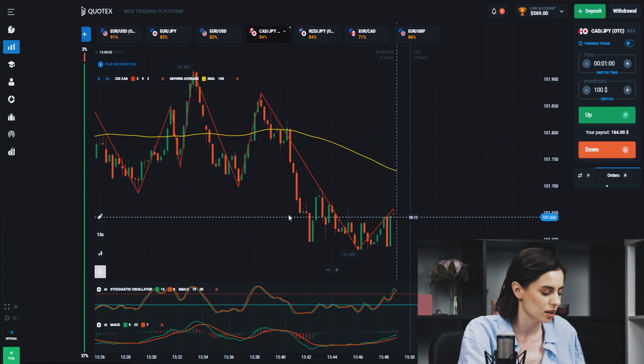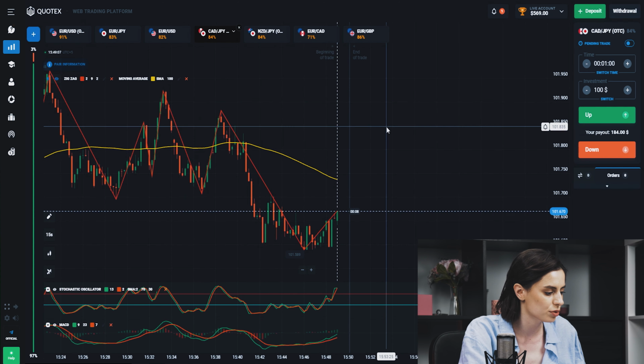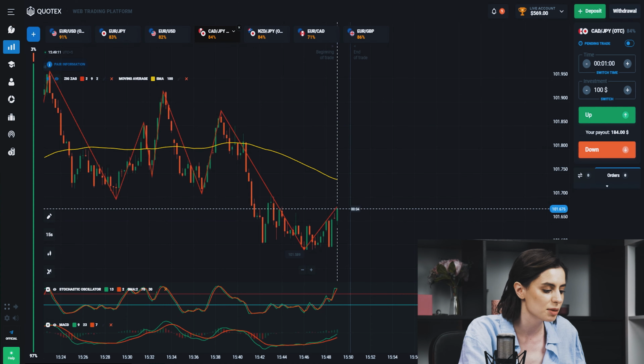I'm going to tell a little bit more about this strategy. Here we're going to pay attention to the stochastic oscillator and MACD combined, and especially to their green lines. But more about that I'm going to tell you when we start trading.